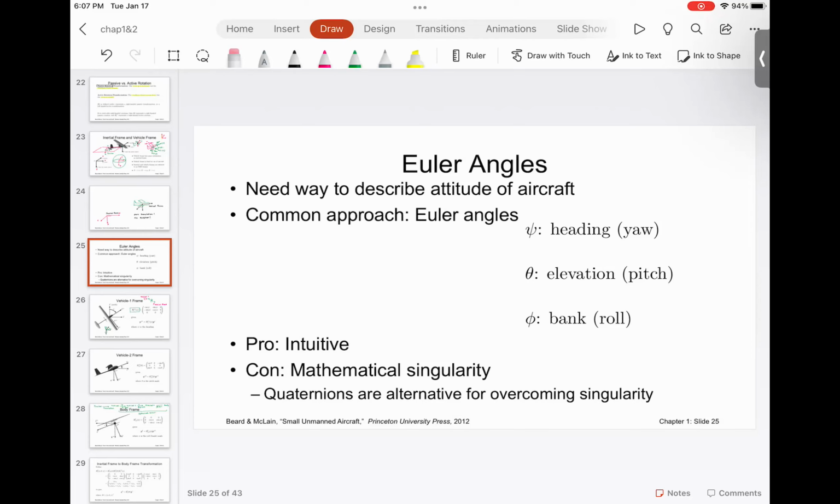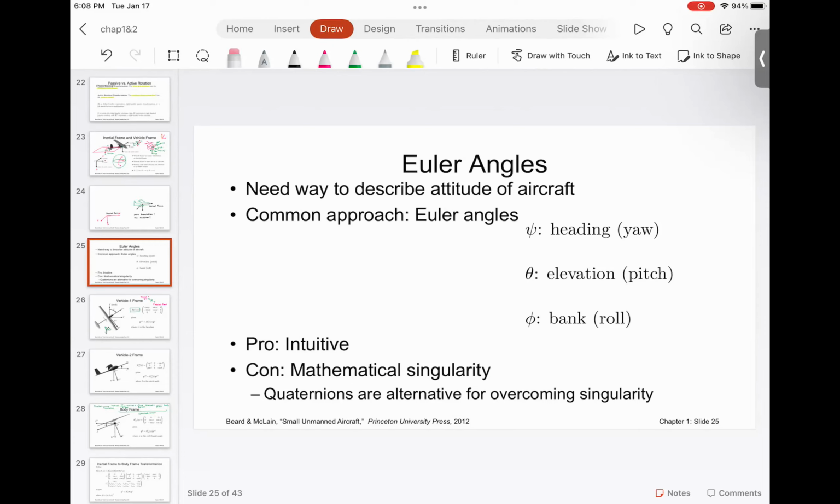First is heading, which means in what orientation the aircraft is going forward. That heading is also called yaw, which means rotation about the z-axis. Next is elevation, which is theta, which is how elevated the aircraft is, the rotation about y.